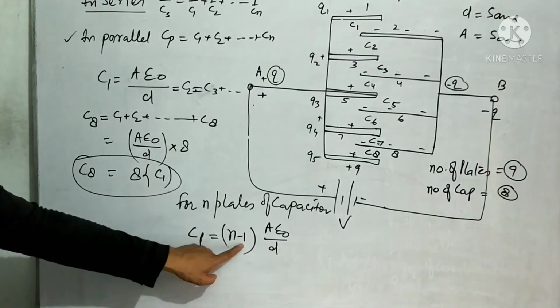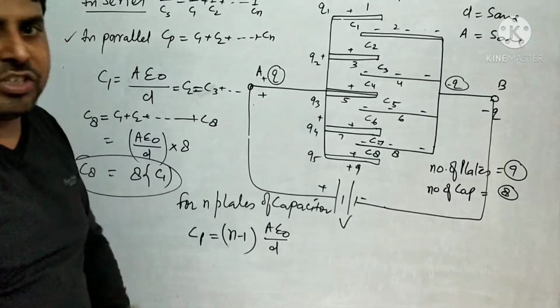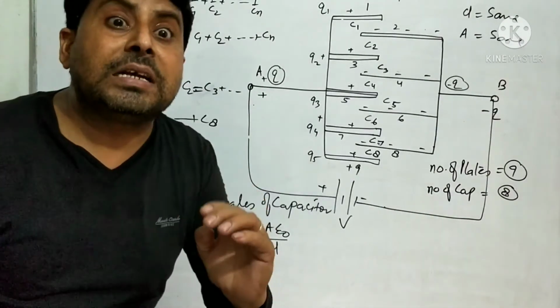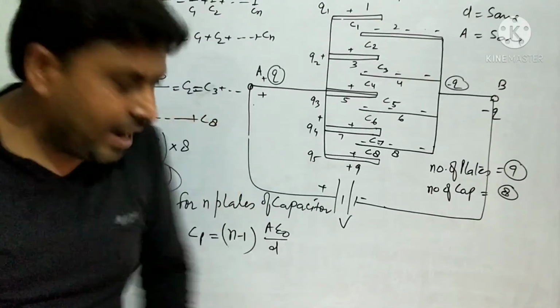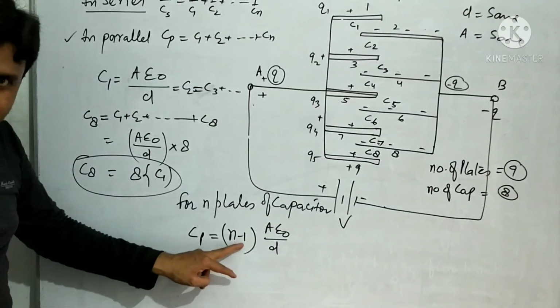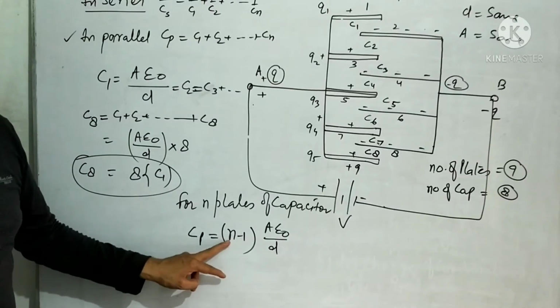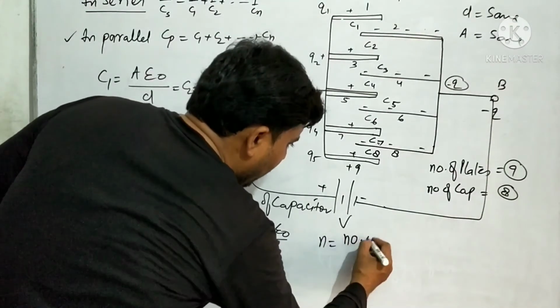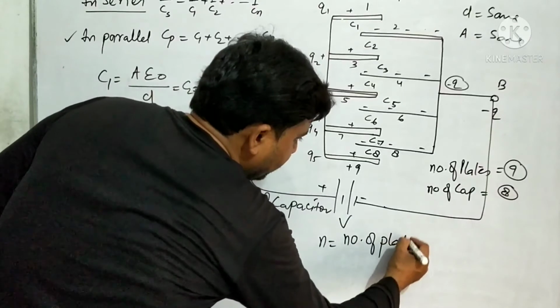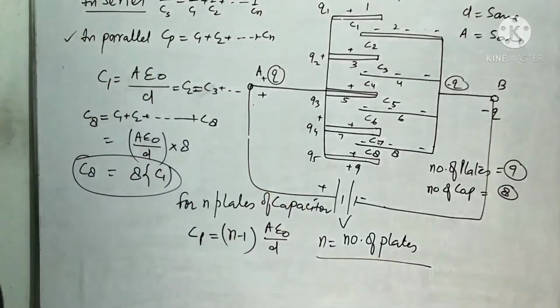Suppose a question says that 50 plates are there. Then how many capacitors? 49, that is n minus 1, where n is the number of plates. Is it clear, beta?